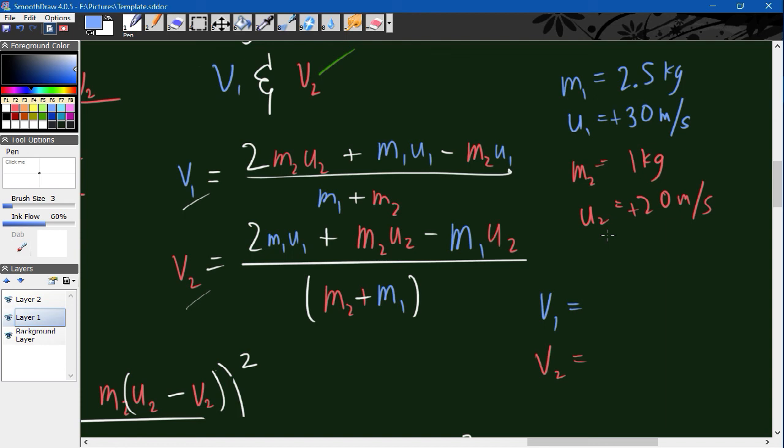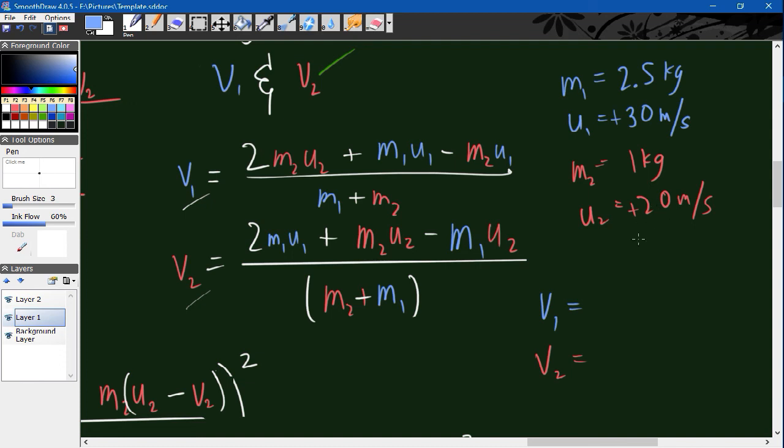Oh gosh, this is messy. Is anyone out there? Help me solve this. No, just kidding. I'm alone. 1 times 20 plus 2.5 times 30 minus U1 30 plus the sum of their masses, which is 3.5.